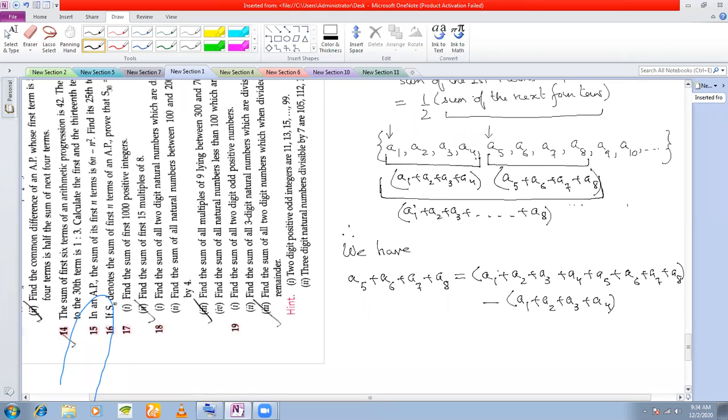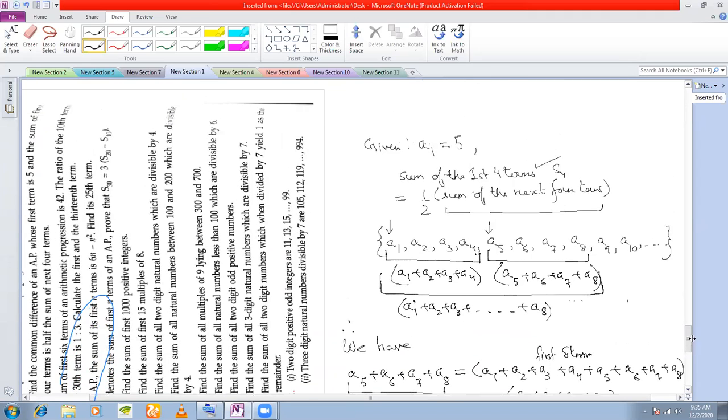This is the sum of the first eight terms, and this is the first four terms. So the sum of the next four terms is nothing but S8, the sum of the first eight terms, minus the sum of the first four terms.